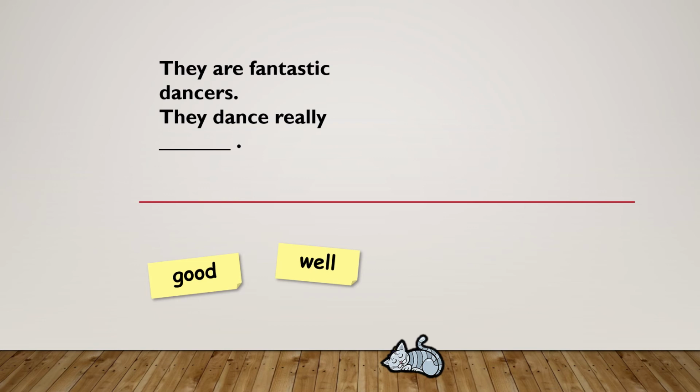Think about this one. I'm not going to read it for you. What are we describing here? Are we describing the dancers or how they dance? Yes, they dance really well.